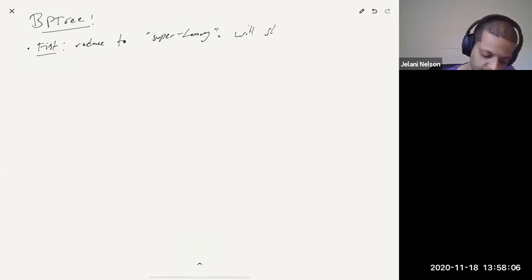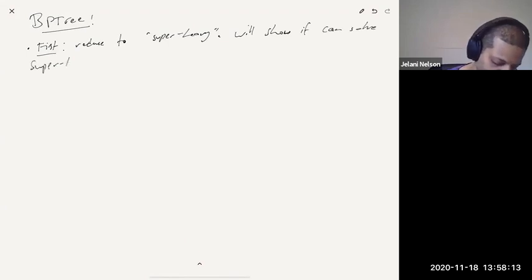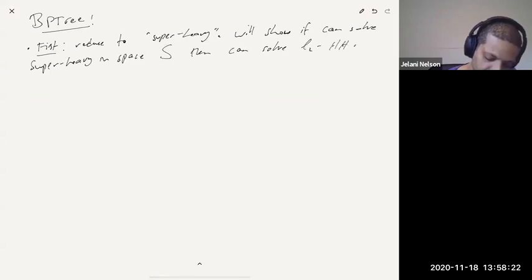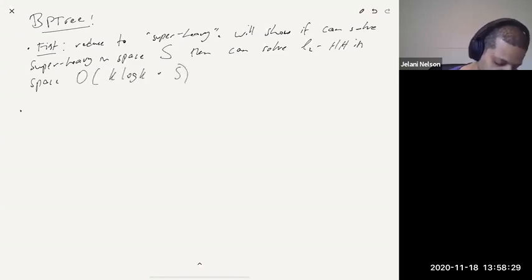We'll show that if you can solve super heavy in space S, then you can solve L2 heavy hitters in space O of K log K times S. The second step will be that we can achieve S being a constant.